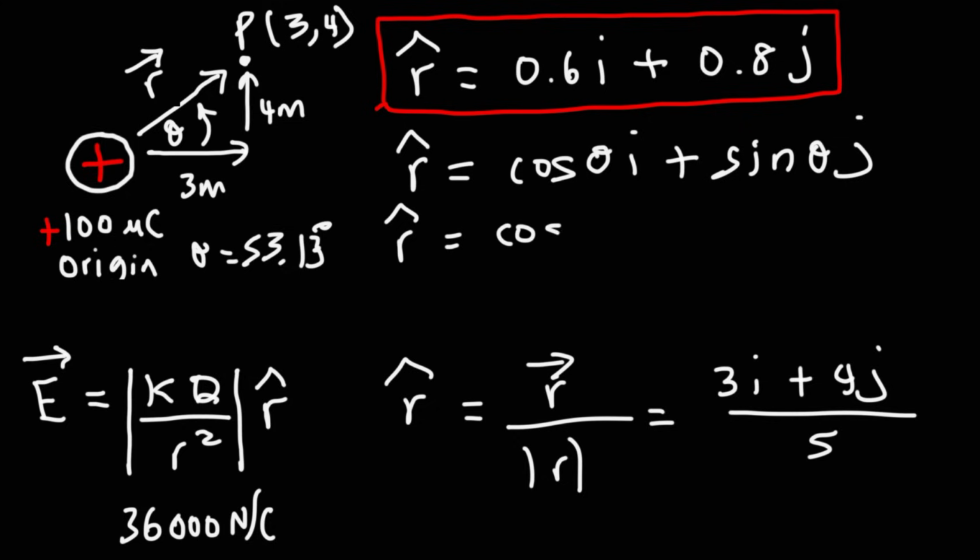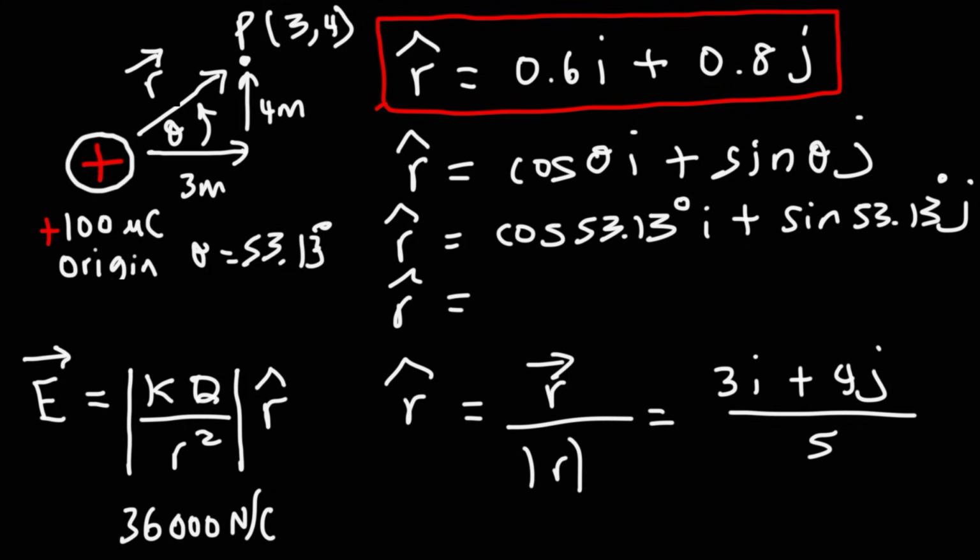So r hat is simply cosine 53.13 times i plus sine 53.13 times j. If you plug in cosine 53.13, that will give you 0.6. And if you plug in sine 53.13, that'll give you 0.8. So now you have two ways in which you can calculate r hat.